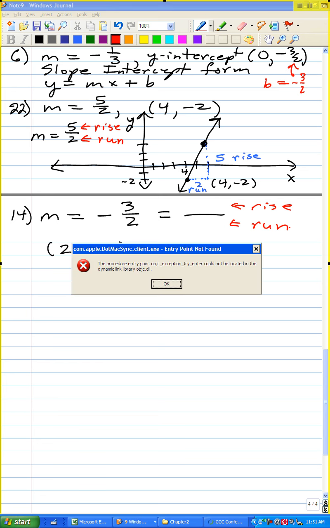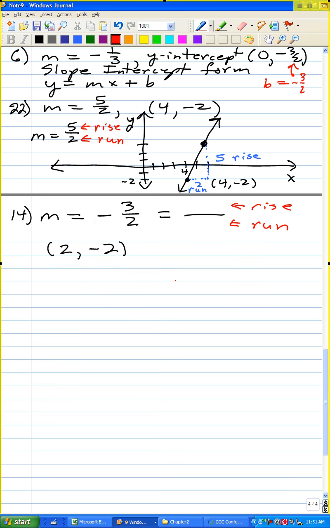Now I have a negative out in front. I can either put the negative in the numerator or denominator, but I can't do it in both. Now, just for simplicity's sake, I'll say that I'll always put the negative in the numerator.